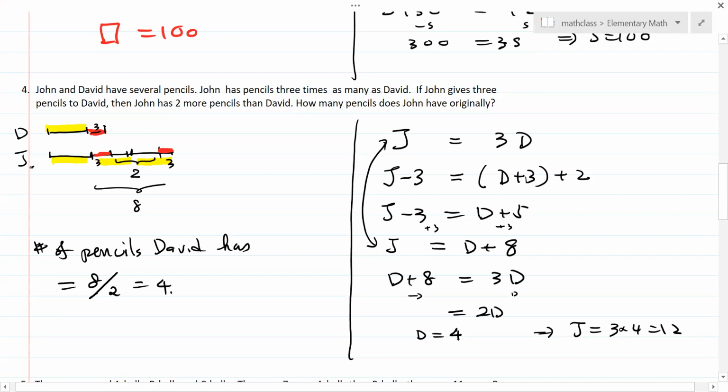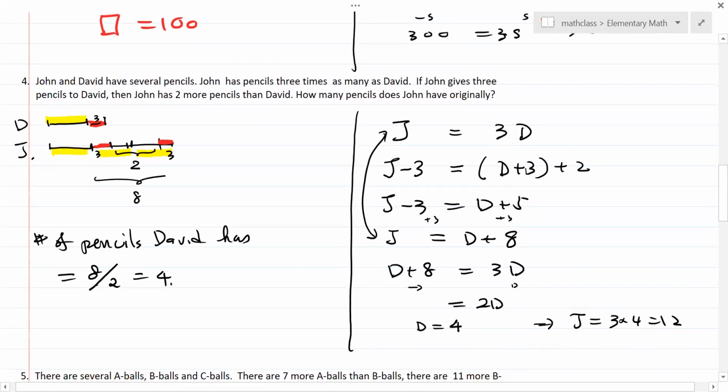Then you cut a small piece and attach it to the John section. Then you compare. Then you realize that the difference between those 2 small sections is 2. So the total should be 8. Then this 8 is equivalent to 2 sections of David. So we solve the problem.